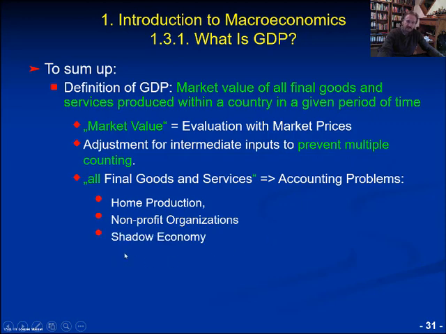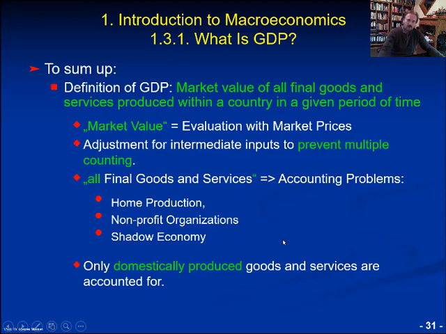And we have seen that there are, of course, problems in accounting for the gross value added created by the shadow economy. We have discussed the various approaches statistical offices use to cope with these problems. Finally, we should keep in mind that GDP is only domestic production of goods and services.